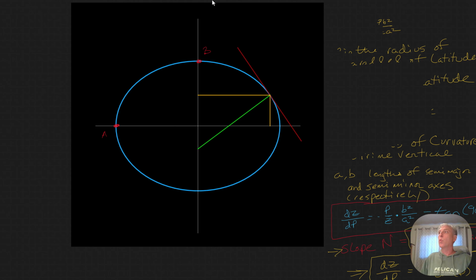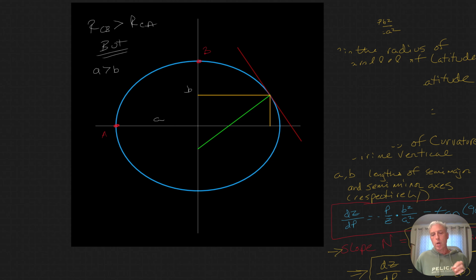The curve is more acute at point A than it is at point B. So the radius of curvature, I'm just going to say RCB, the radius of curvature at B is greater than the radius of curvature at A. And the reason that's counterintuitive is because A, my semi-major axis, is greater than B. That's what makes that pretty counterintuitive.